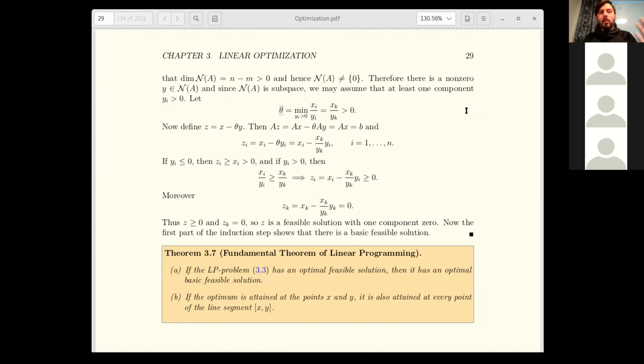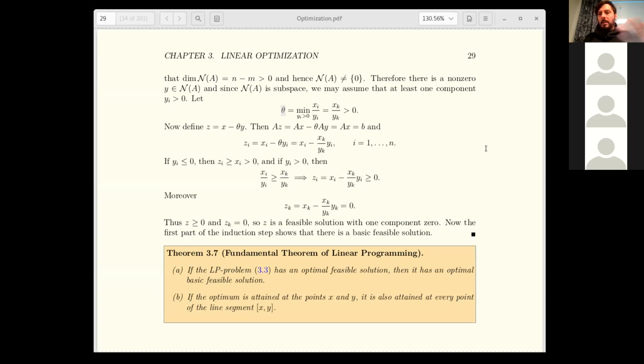I mean, at least one component of this is positive. If it's not, then we can just take the negative of y; it's still in the null space. So we can always assume that y has some component that's positive. Oh, it should have been Ax, sorry.